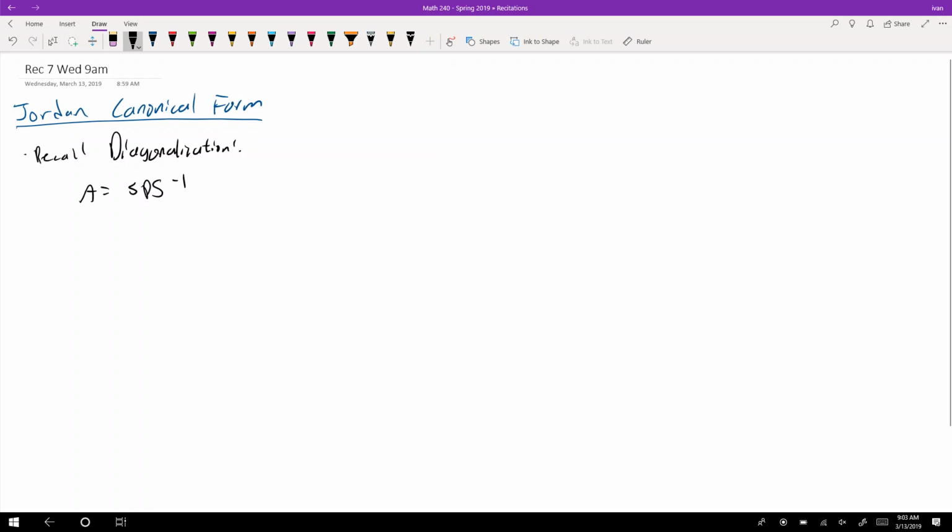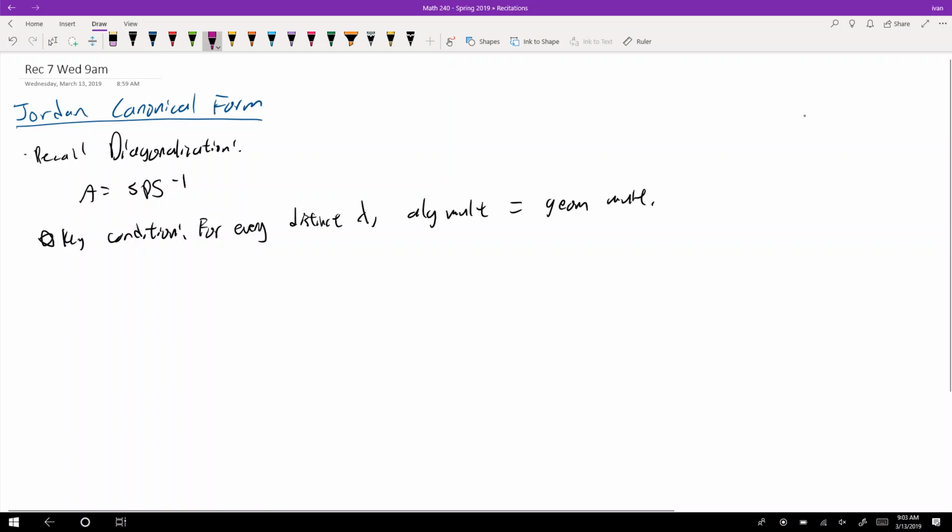Well, we have a condition, which was the following: for every distinct lambda, the algebraic multiplicity has to be equal to the geometric multiplicity.